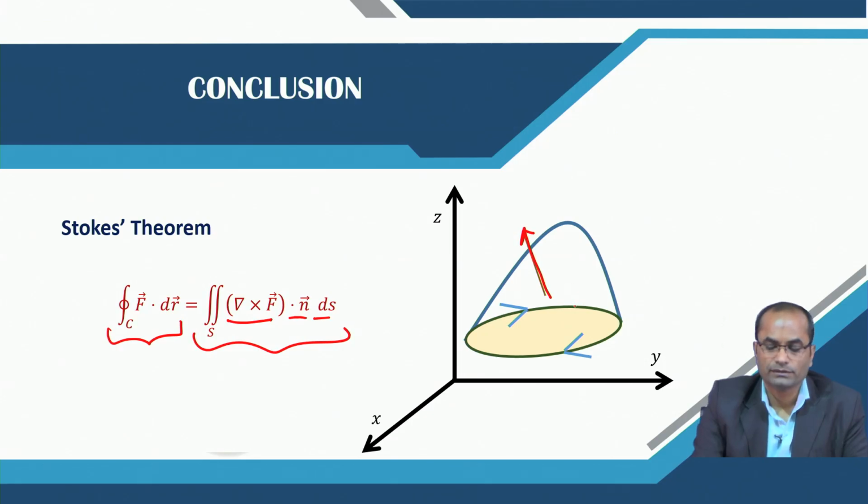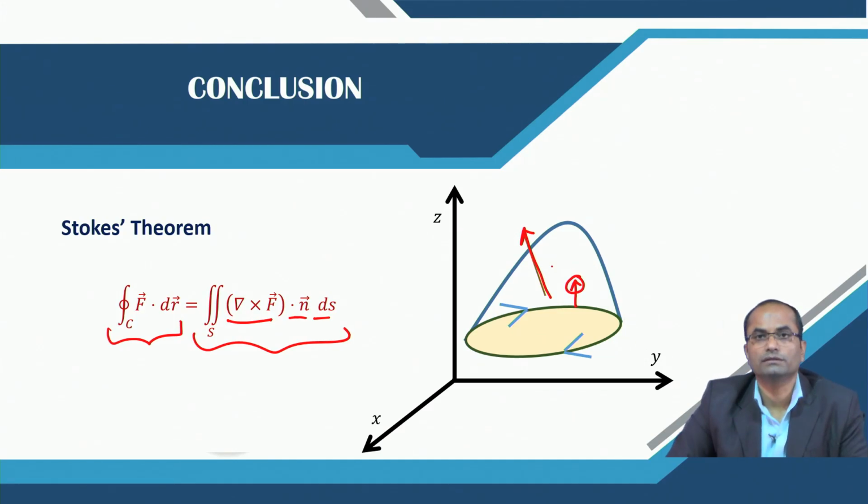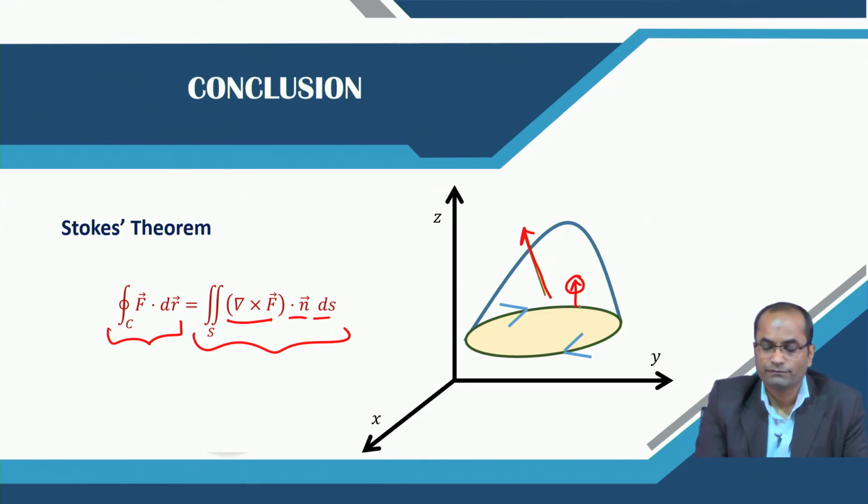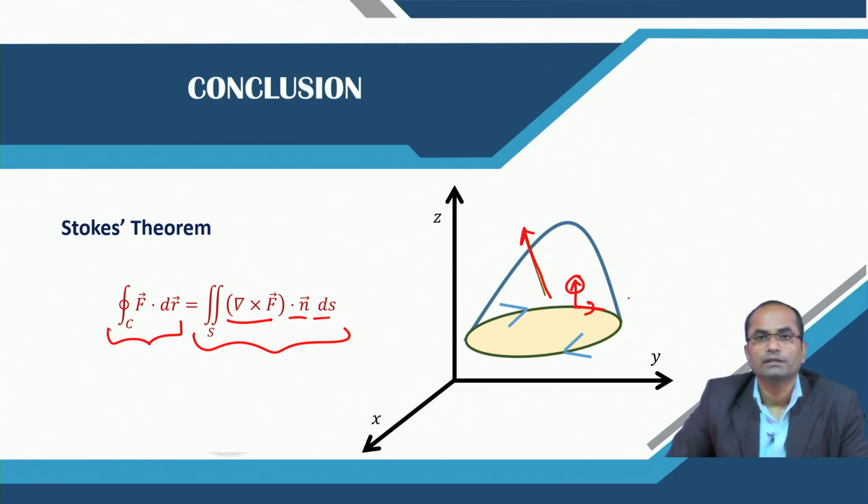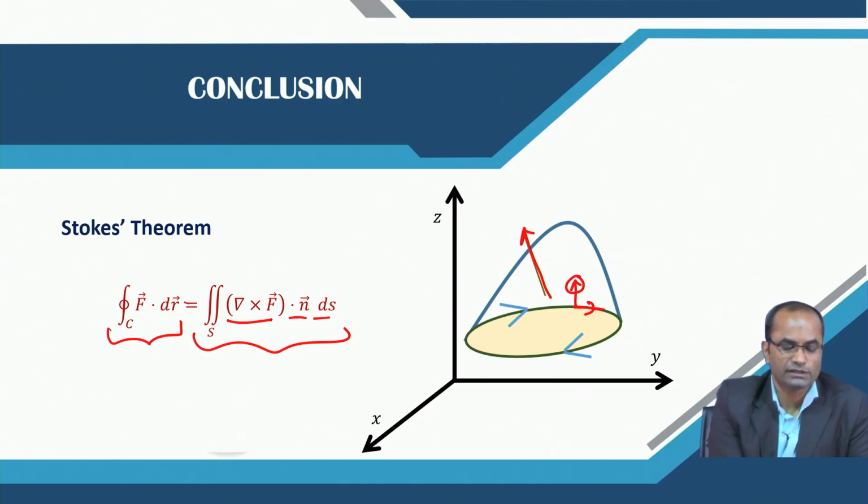The idea we have discussed is that if we stand on the curve along this normal, with our head on this top, and if we walk along this direction of the curve, the surface should lie to our left, and then we will have this equality there.